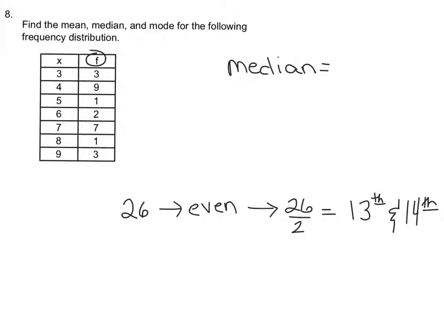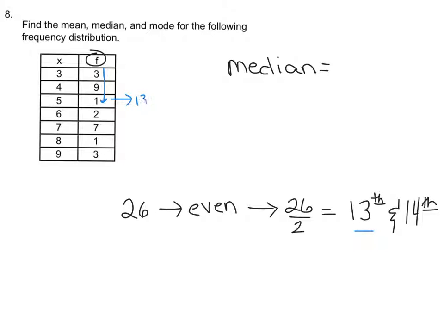Now I need to identify the values in the 13th and the 14th position. So we'll go to the frequency column and we'll just start adding the frequencies together until we get to the 13th position. So 3 plus 9 is 12, and then plus 1 is 13.